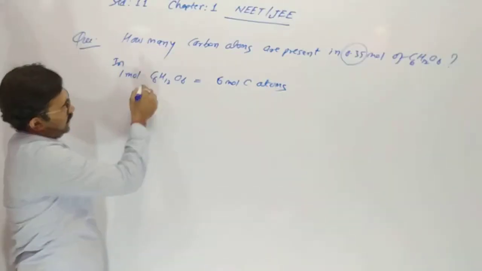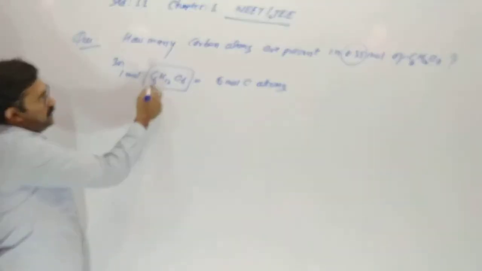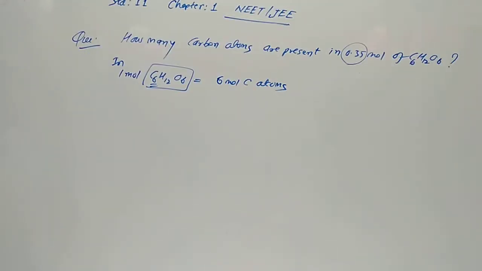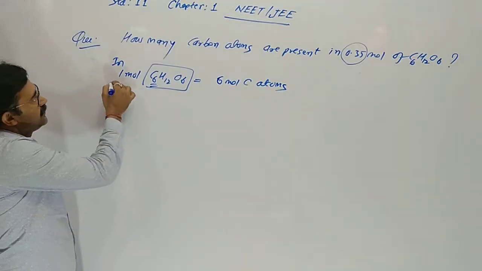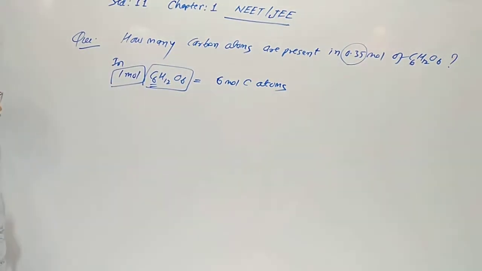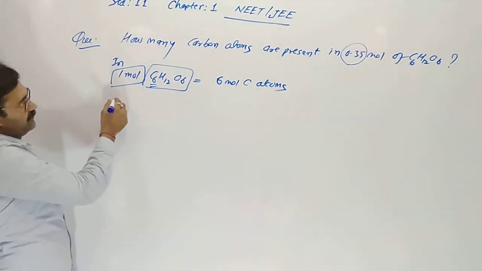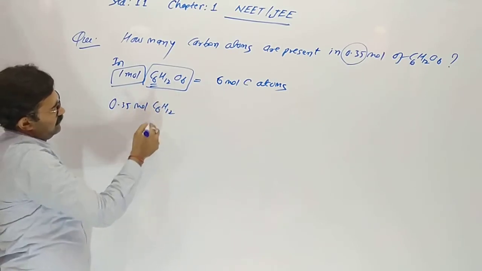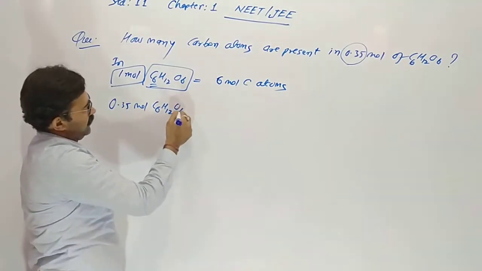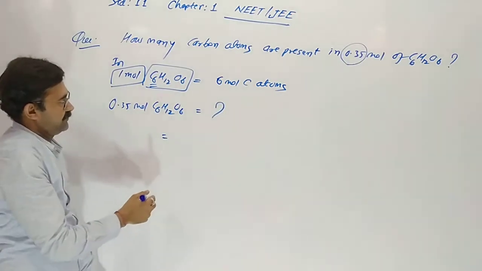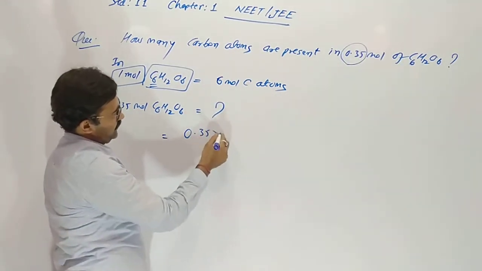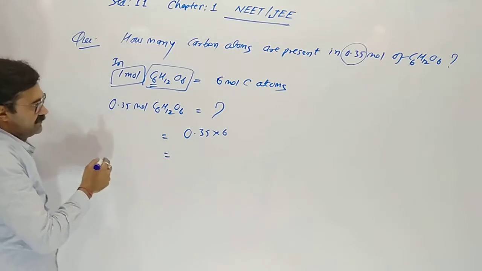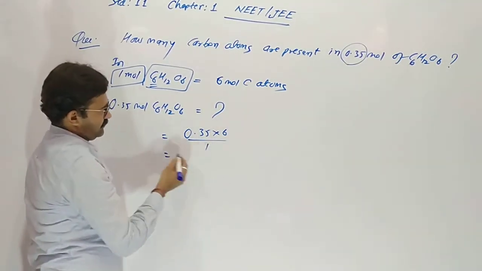Because in 1 molecule of glucose, there are 6 carbon atoms. So in 1 mole there will be 6 mole carbon atoms. So in 0.35 mole of glucose, how much? So 0.35 multiplied by 6 divided by 1.